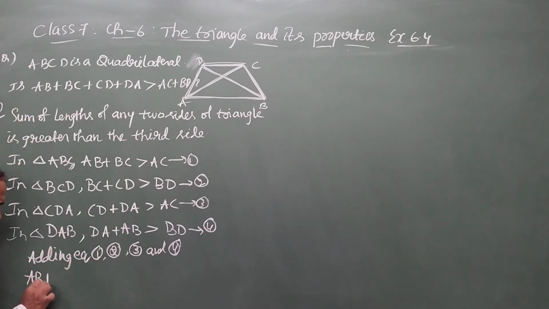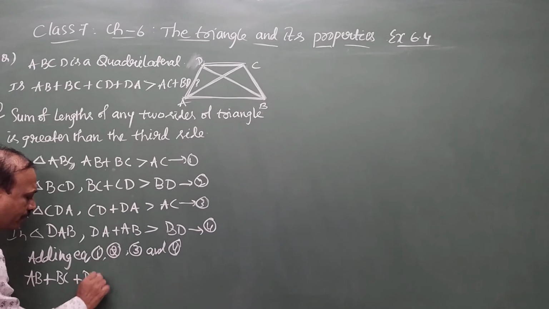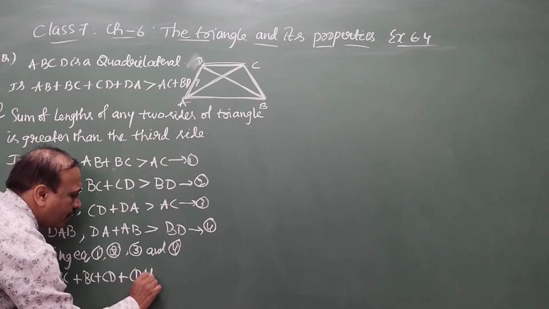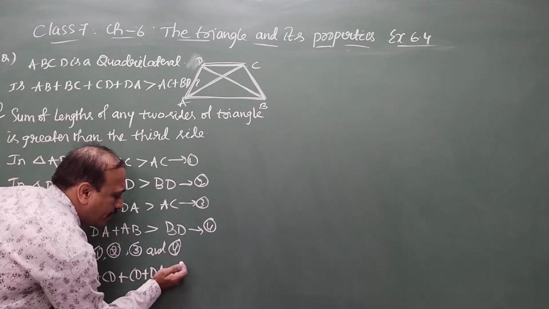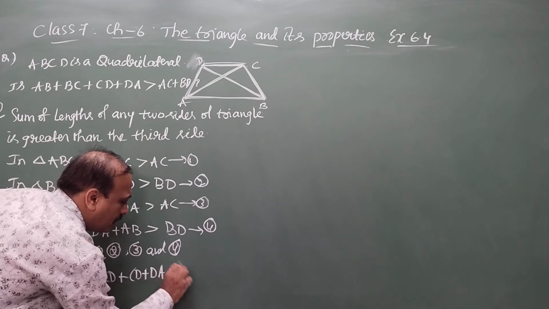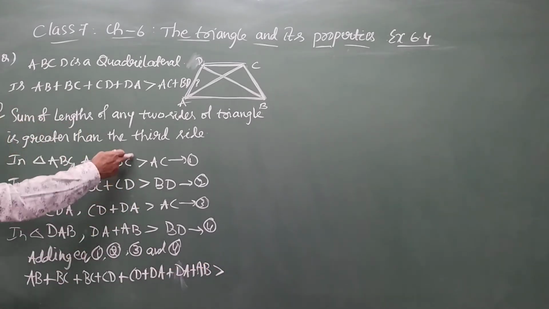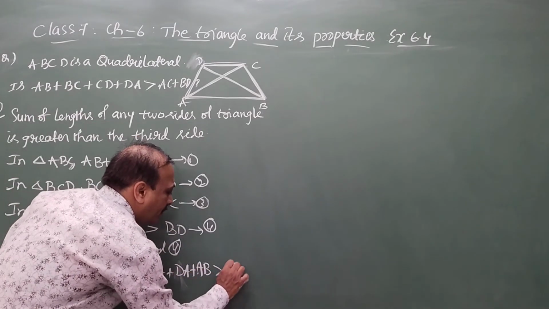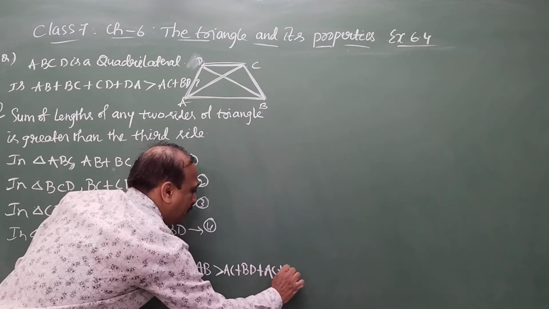AB plus BC, plus BC plus CD, plus CD plus DA, plus DA plus AB. As the sign is greater than, it is greater than AC plus BD plus AC plus BD plus AC plus BD.